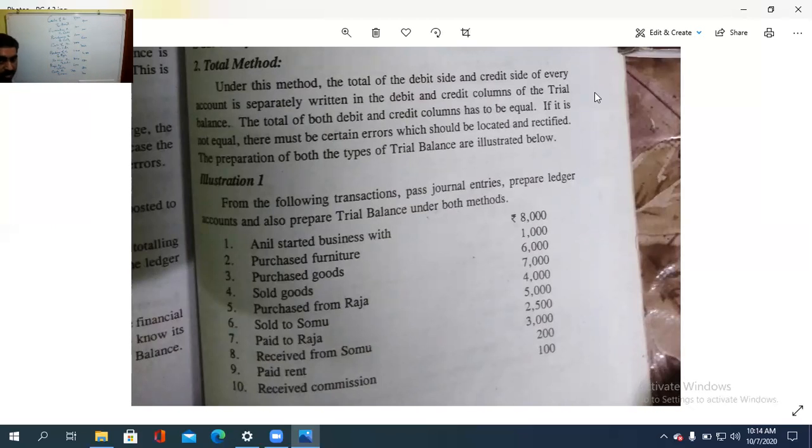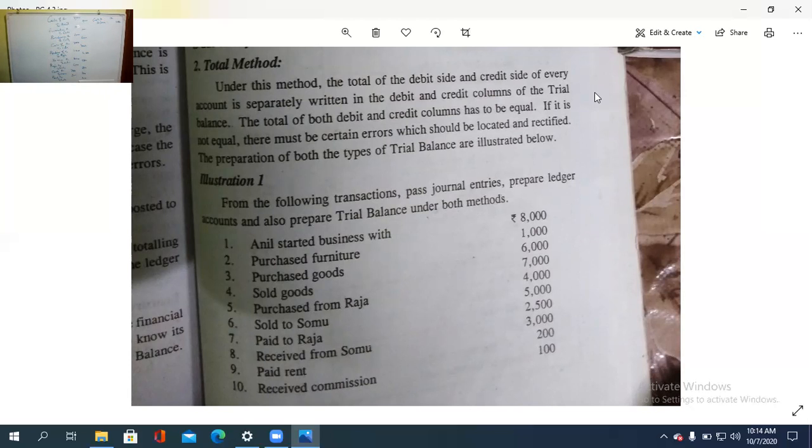Then paid rent. So rent account debtor to cash. How much is it? 200. And one more is there, received commission. So cash debtor to commission. How much is it? 100. So these are the entries, and based on that, we need to pass it.